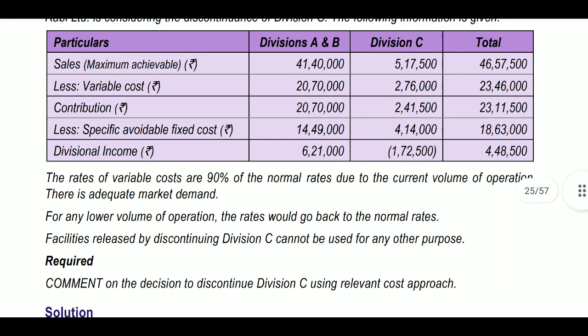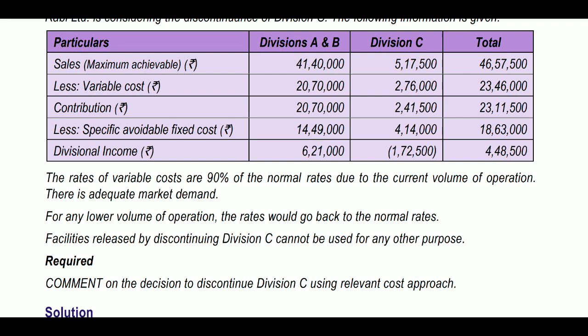From the given information, the rate of variable costs are 90% of the normal rates. Due to the current volume of operation, there is adequate market demand, so variable cost is 90% of normal rates. Because we are taking a large volume, they are providing 90% variable cost.